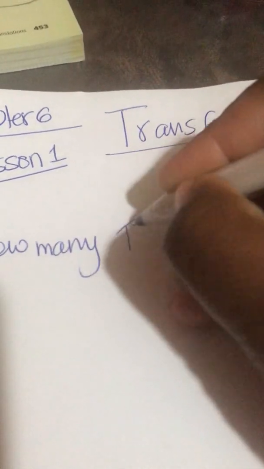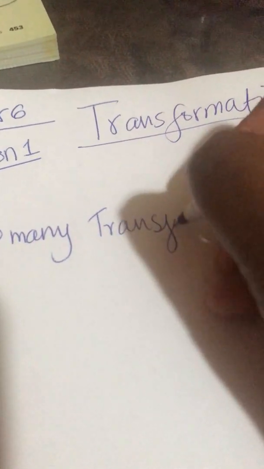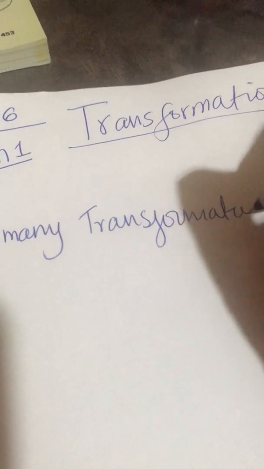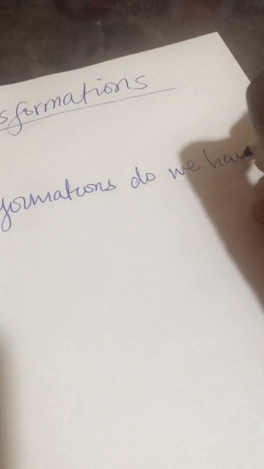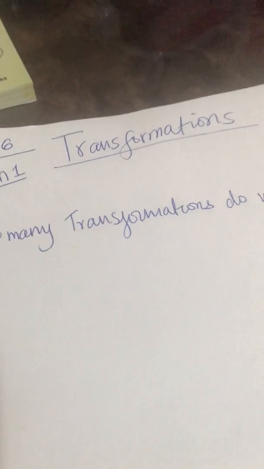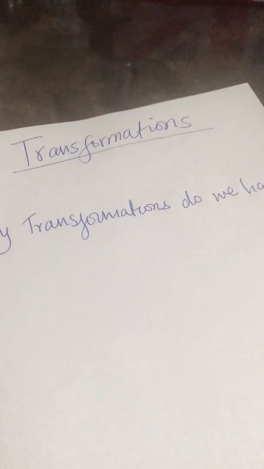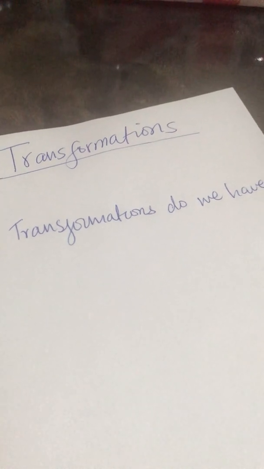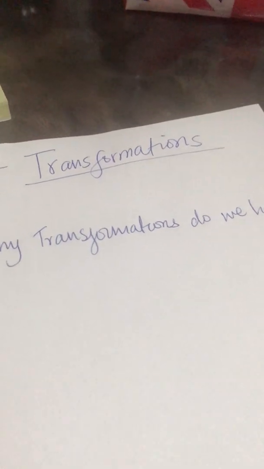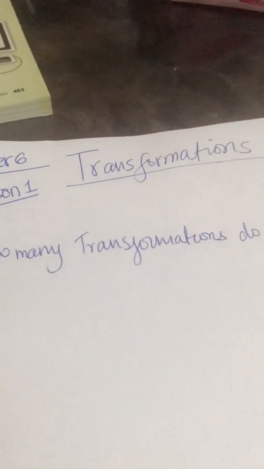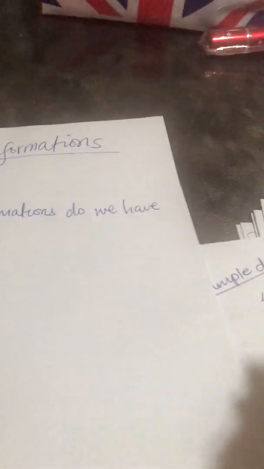All right. So transformations. How many transformations do we have? I would say 4, but there is one that has 2 parts. Yeah, so I'll say 4, okay? So how many transformations do we have?